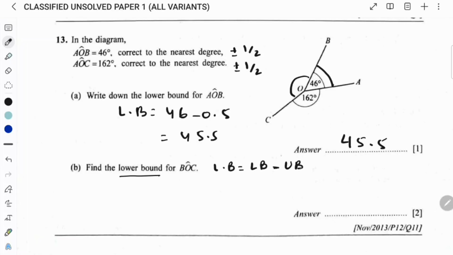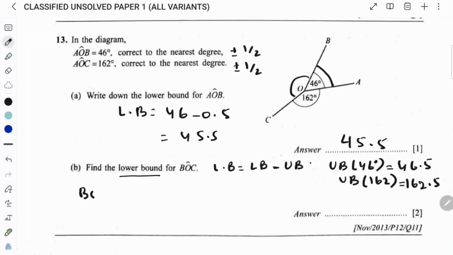So take the upper bound of both numbers. The upper bound of 46 degrees is 46.5, and the upper bound of 162 degrees is 162.5. So BOC lower bound is equal to 360 minus 46.5 and 162.5.